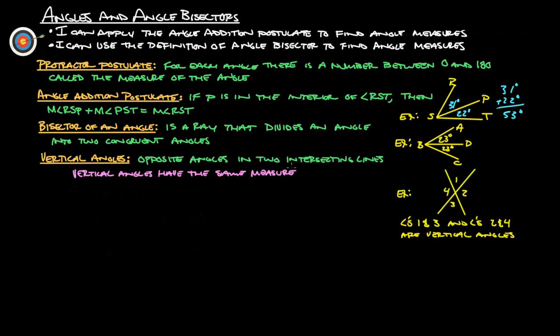Vertical angles. Opposite angles in two intersecting lines are what we call vertical angles. So angle 1 and angle 3 are vertical angles, angle 4 and angle 2 are vertical angles, and vertical angles have the exact same measure.